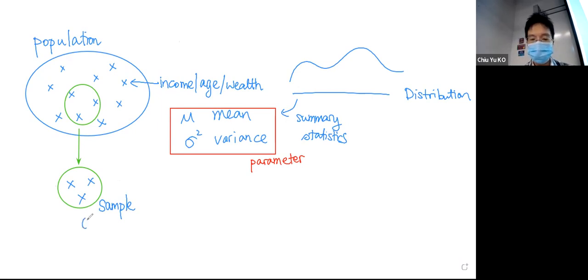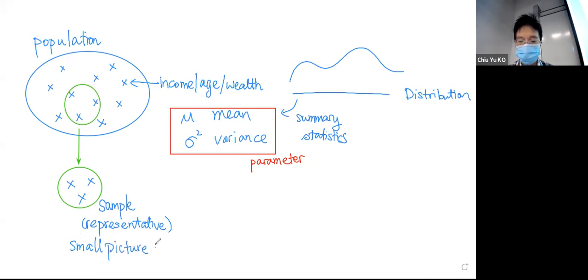We want a representative sample, because you want the sample to reflect what is happening in the whole big picture. The small picture, which is a sample, can tell us what happened in the big picture, which is the population. How to make this representative is through a random sample.